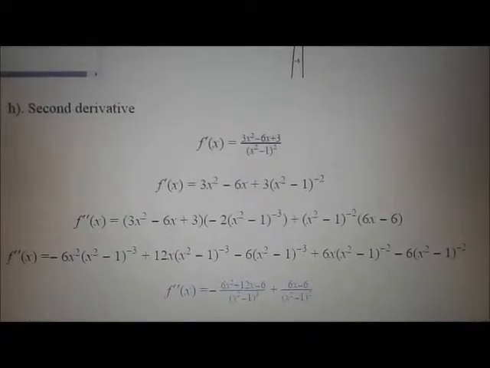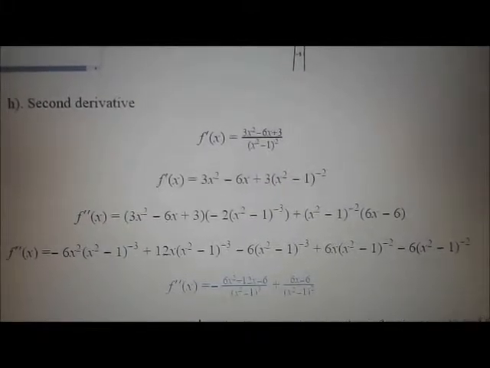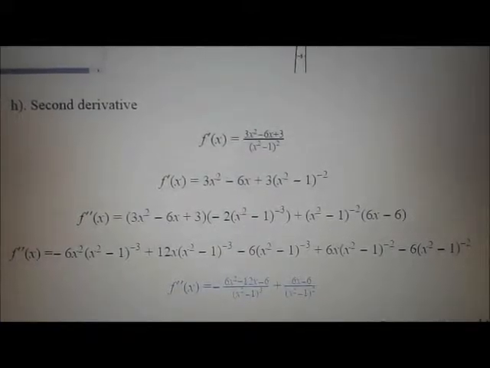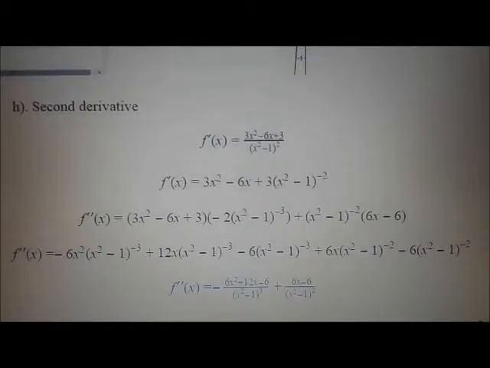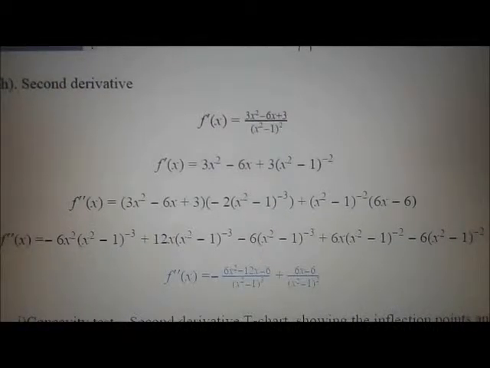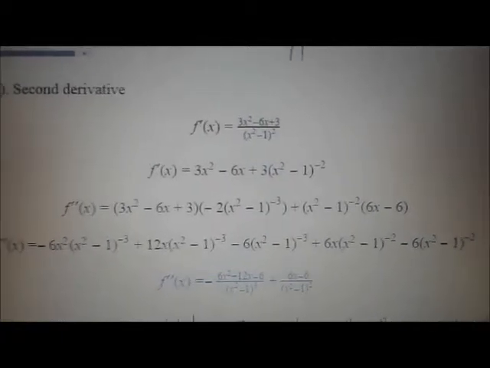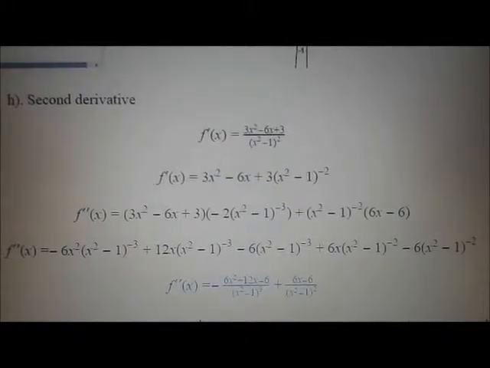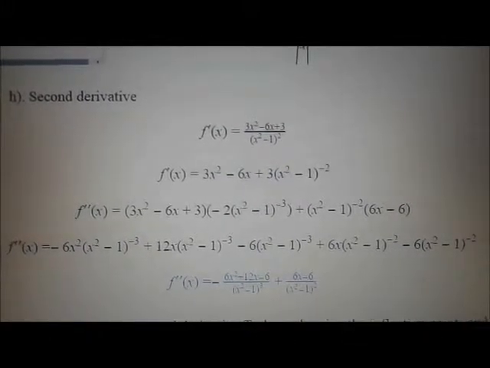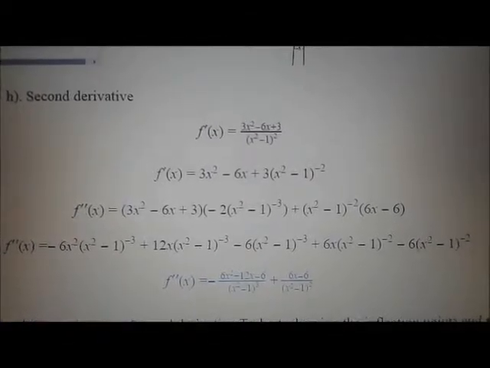So the second derivative is equal to (3x² − 6x + 3) multiplied by −2(x² − 1) to the power of minus 3, times 2x, plus (x² − 1) to the power of minus 2 times (6x − 6).